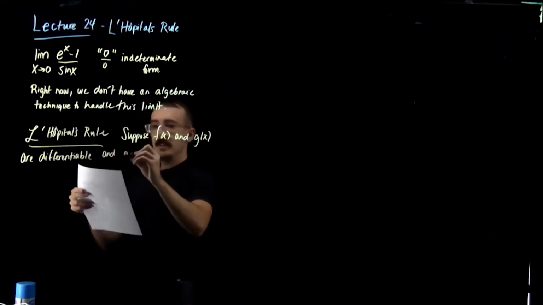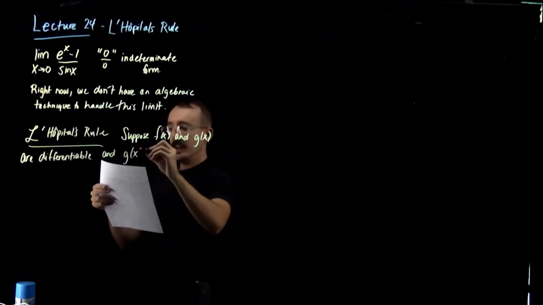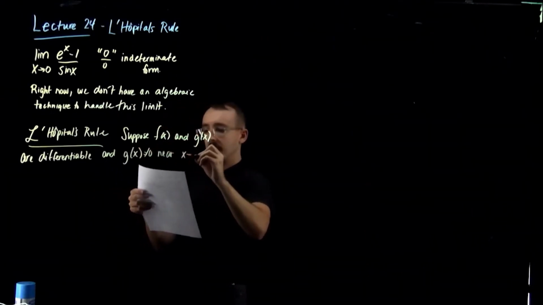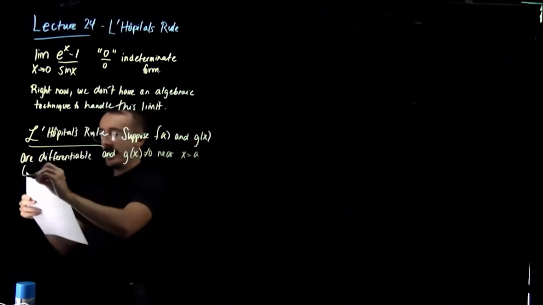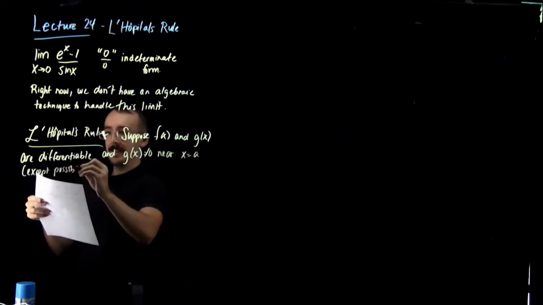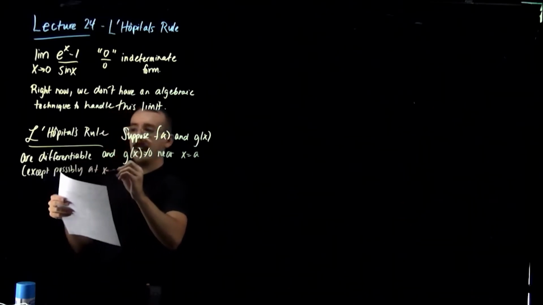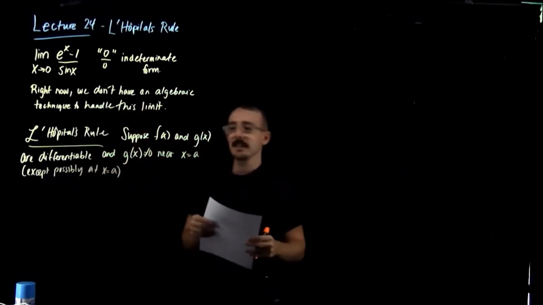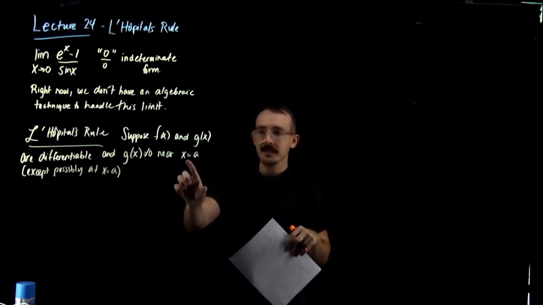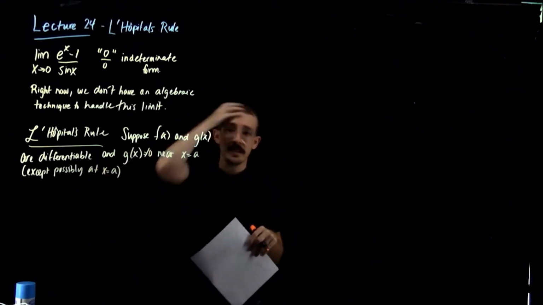And g of x does not equal 0 near x equals a, except possibly at x equals a itself. So this just has to be true near some value of a, but not necessarily at a.